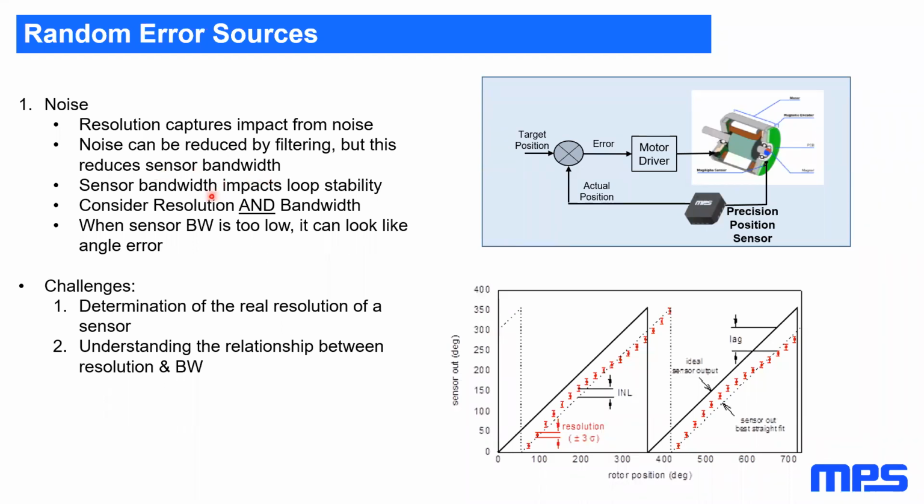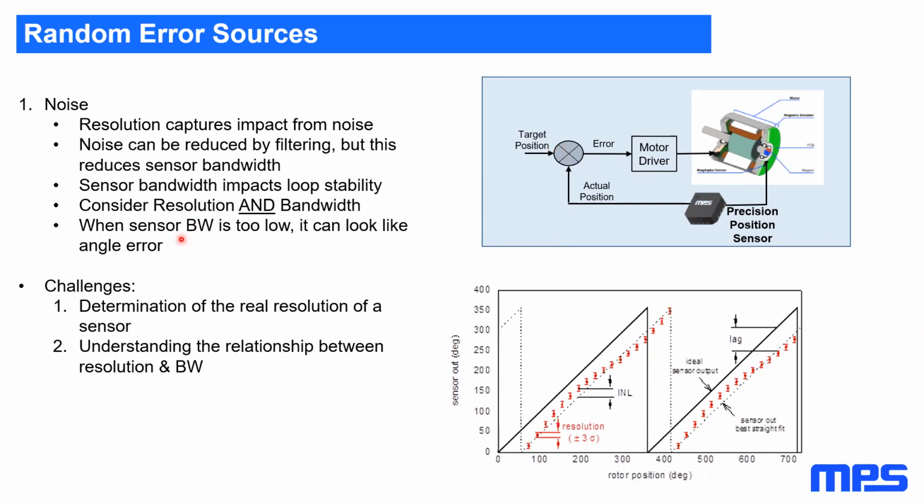That bandwidth impacts loop stability. If your bandwidth gets too low, you can actually cause your PID or your servo loop to go unstable. And even when it's not unstable, we'll see on the next slide, it still affects overshoot and how long it takes to come back to a steady state during accelerations and deceleration.